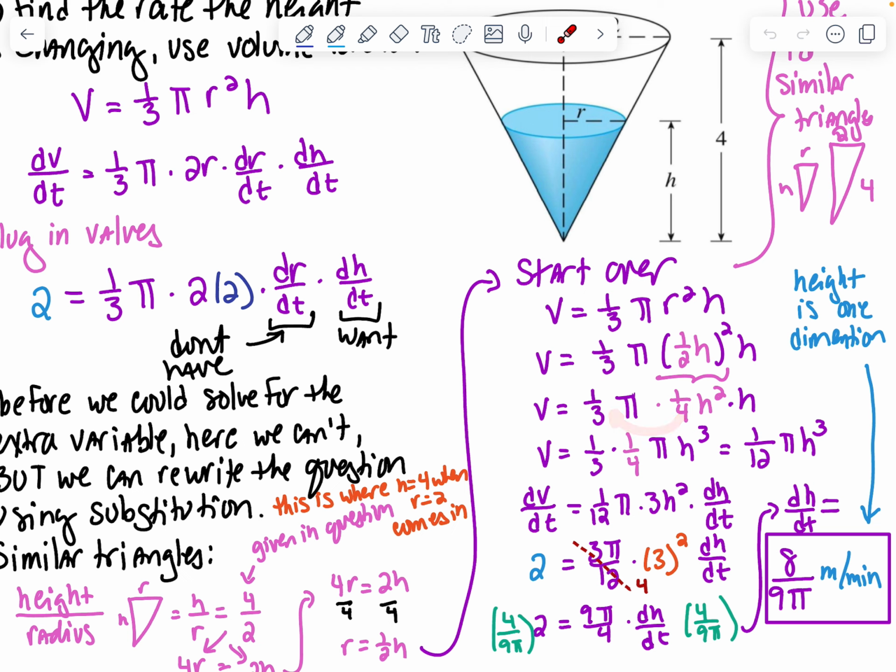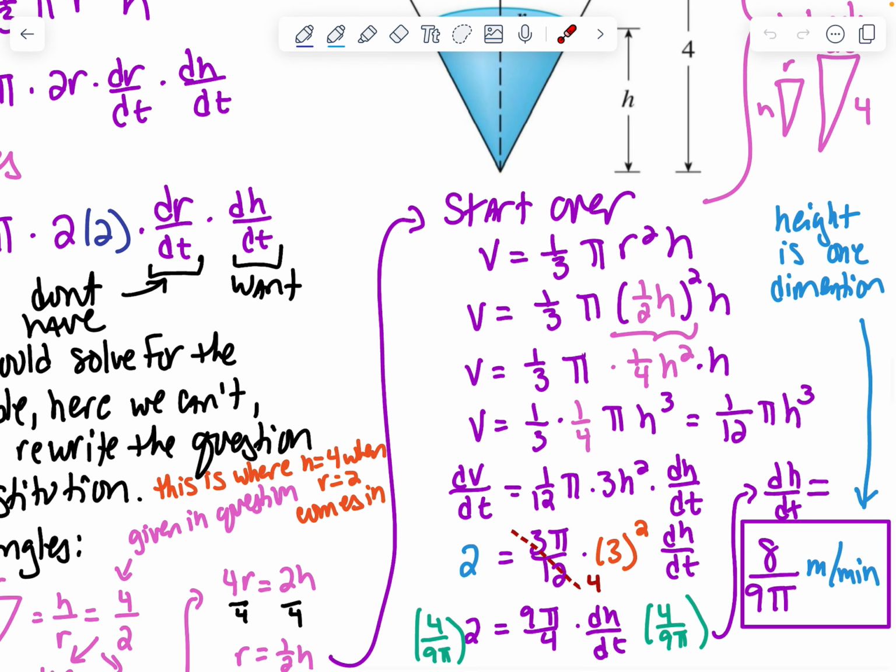Okay, so let's go ahead and scoot that over here so that I've got my two fractions together. And it was also times h, so I can go ahead and add those invisible exponents to say I have 3 h's. So multiplying my two fractions, my volume, I don't have any derivatives yet, is 1/12 pi h cubed.